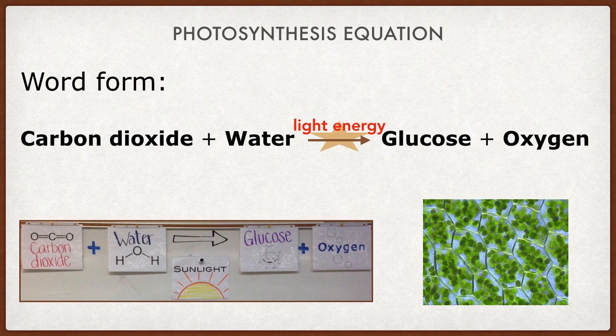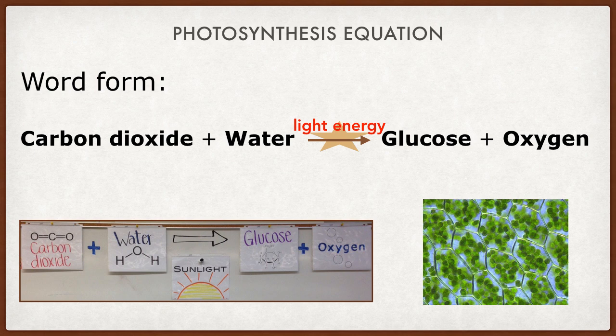So yes, you will have to memorize this, but like I said, if you just think about it, you know that the things that plants need to live are the ingredients. So it needs carbon dioxide, it needs water, it needs sunlight, and as a result, it makes something called glucose and releases oxygen. We definitely know that because we can appreciate that quality.